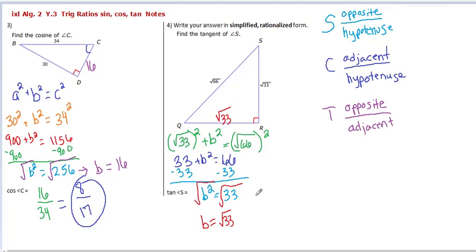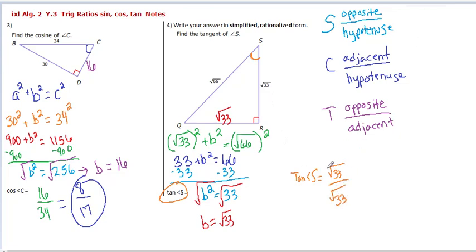Okay. So now we need to find what they're asking us for, which was the tangent of angle S. And that was this one right here. Tangent is the opposite leg. So the tangent of angle S is the opposite leg, which is square root 33 over the adjacent leg, which is also the square root of 33.